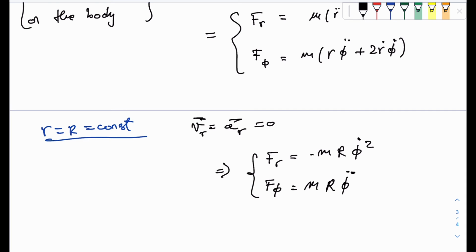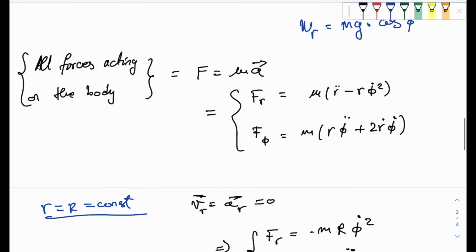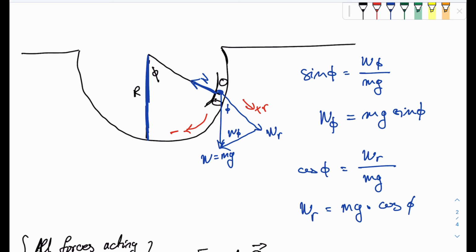Now we need to balance the forces. Let's start with the radial component. We focus here.